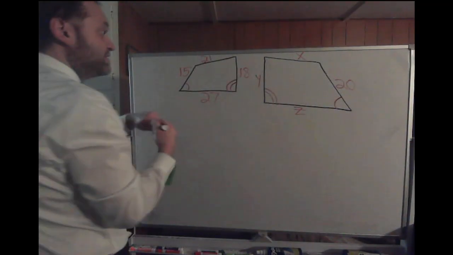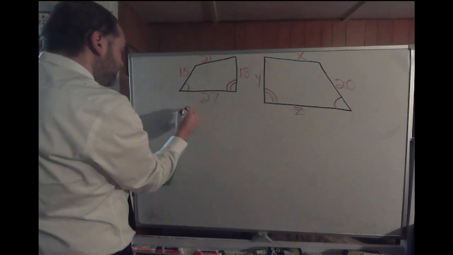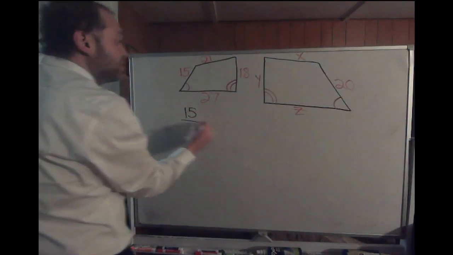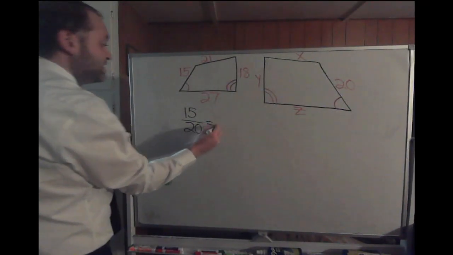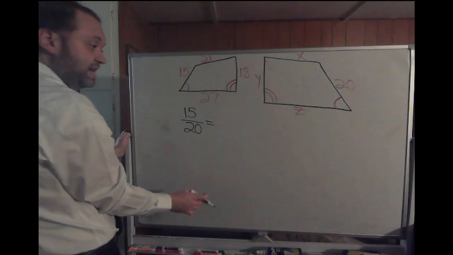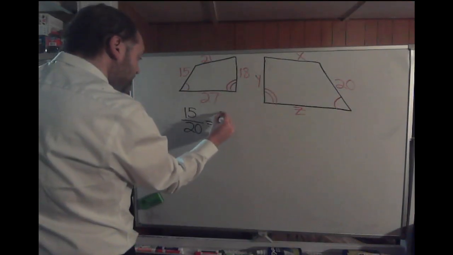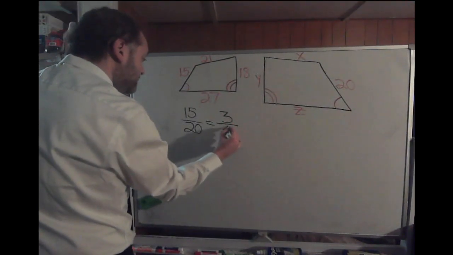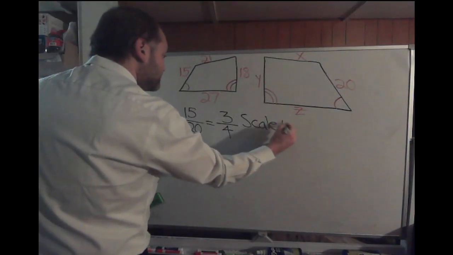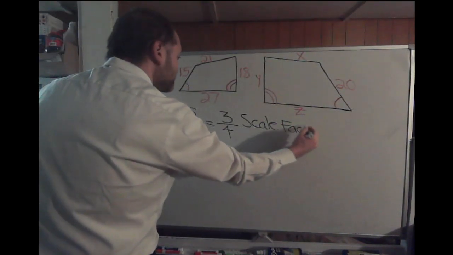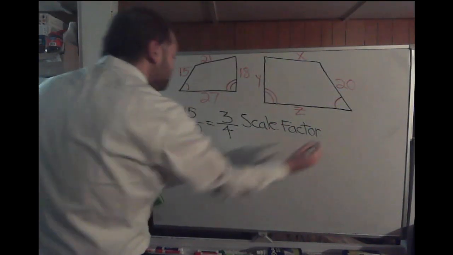So actually 15, that slanted side would correspond to the 20, the slanted side on this one. Well, 15 to 20, that reduces down to 3 to 4. So 3 to 4 is now your scale factor. It's always important to identify your scale factor in these type of problems.